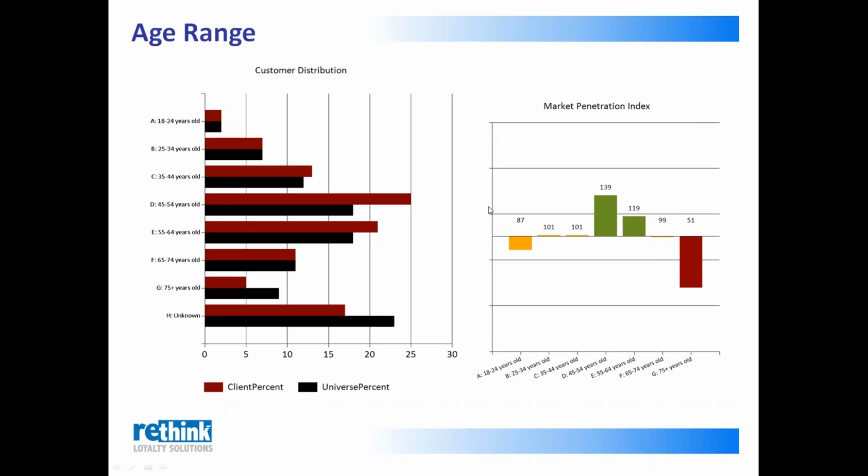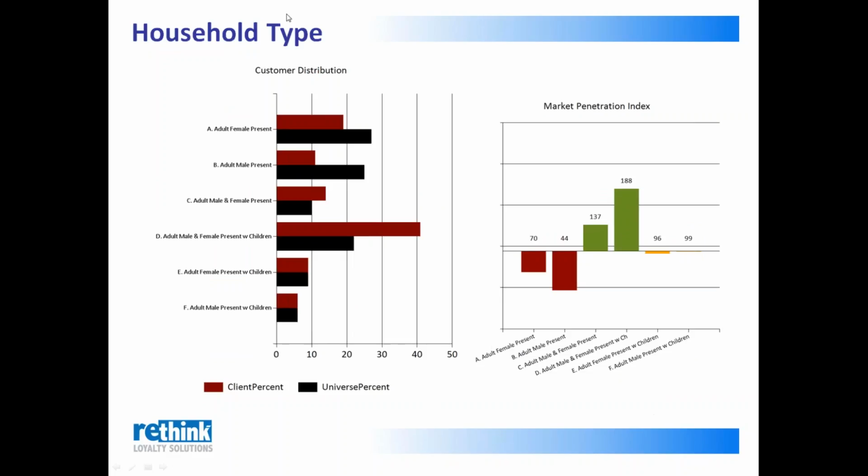So any questions about the distinction between the customer distribution or frequency and the penetration index? Just keep in mind the tall green bars are really going to be the key drivers in the model. We look at, by household type, what we see is that they are nuclear families.